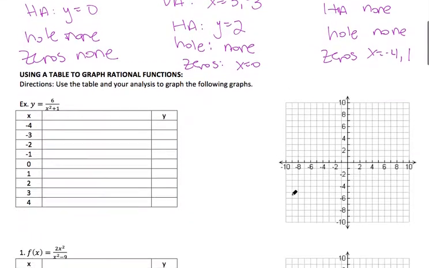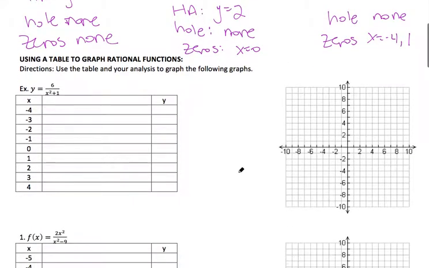Today's lesson is all about being able to use a table to graph rational functions. We're going to do the first example together and then you'll pause the video and do the rest of these problems. You may want to do one and then watch one done so that you don't get too confused.